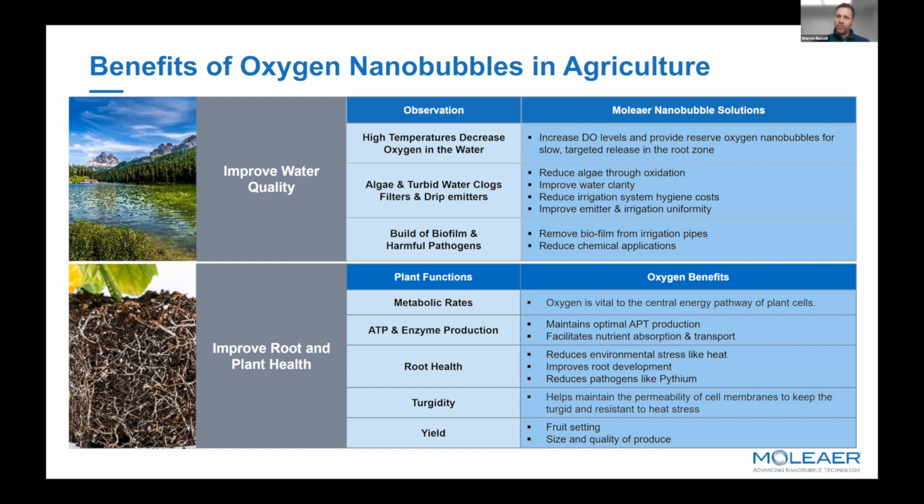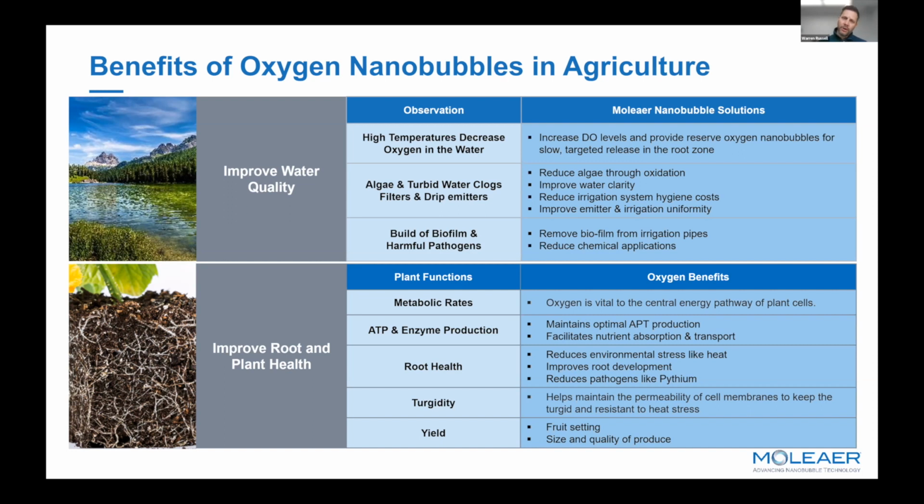We know that introducing oxygen into sources like reservoirs and canals has an ability to reduce the algae content in that water. And as I said, treating the water in situ at source is an opportunity to address some of those vectors for pathogens that would enter your irrigation system and consequently the soil.